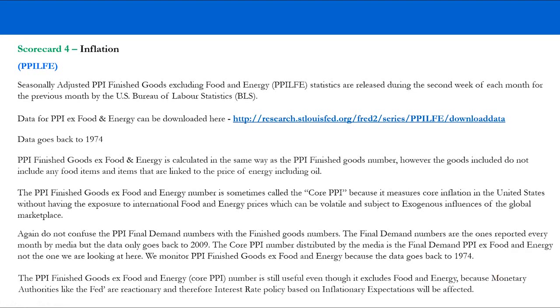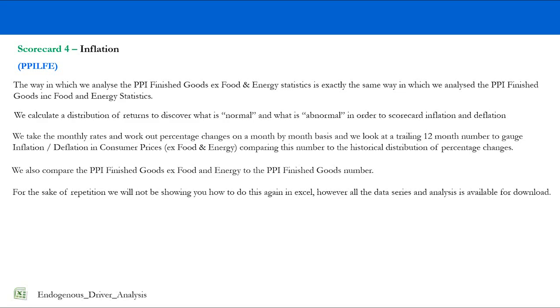So how do we actually go about analyzing this data? Well, you've guessed it. We're doing it in exactly the same way in which we analyzed the PPI finished goods, including food and energy stats. We calculate a distribution of returns to discover what is normal and what is abnormal in order to scorecard inflation and deflation.